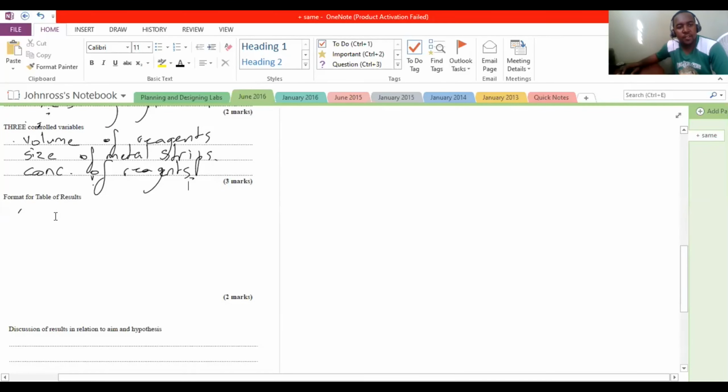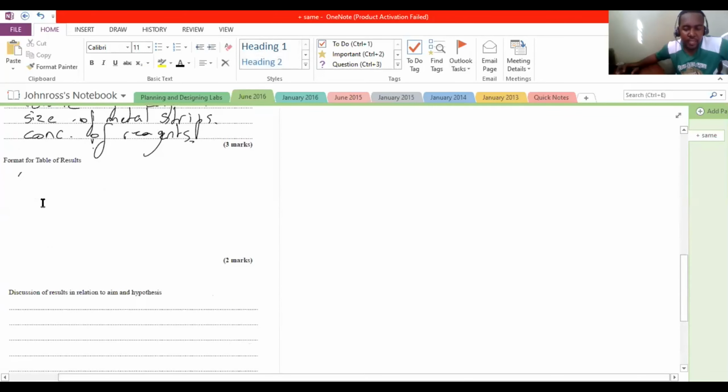All right, so format for your table of results. How do we represent these results in a table? Remember we have our reagents and then we have our metals.